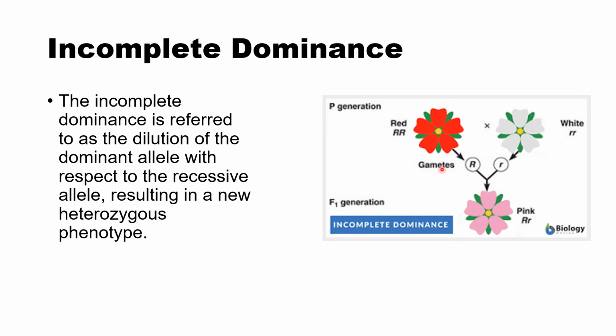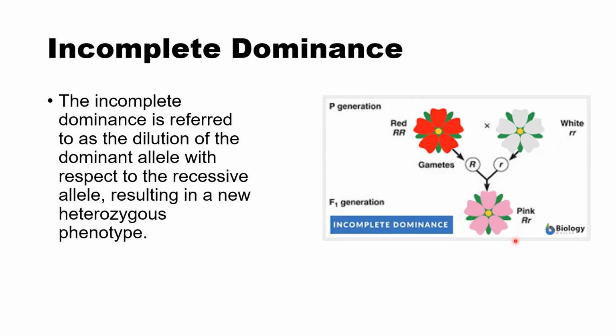And then pag krinos mo ito, yung lalabas is a dilution, reduced expression of the dominant allele, which is red. So yung kalalabasan now will be an heterozygous na offspring with a new type of flower or a color of the flower, which is yung pink. So yun yung incomplete dominance.